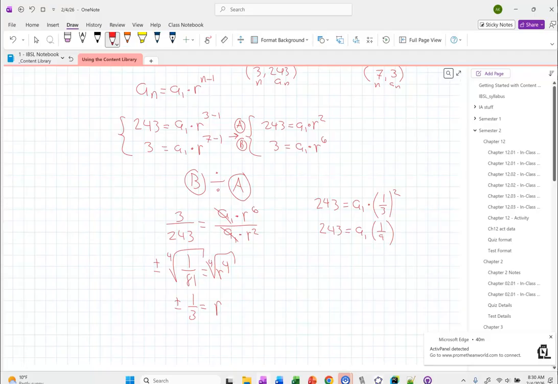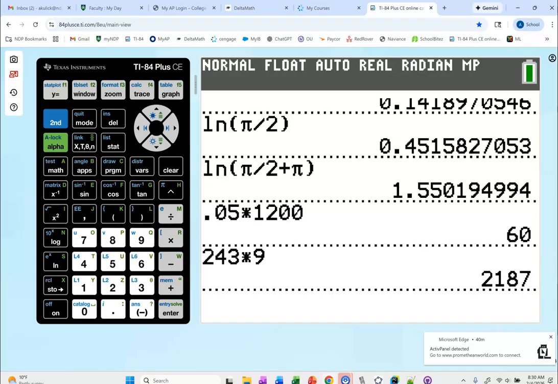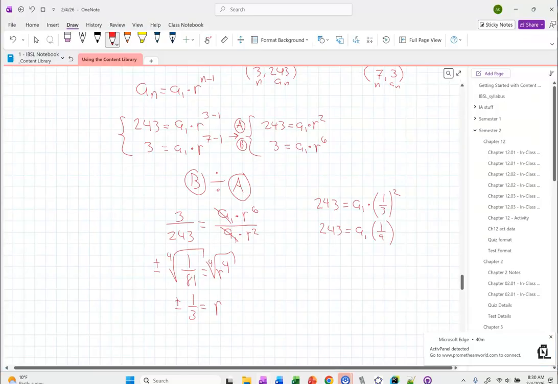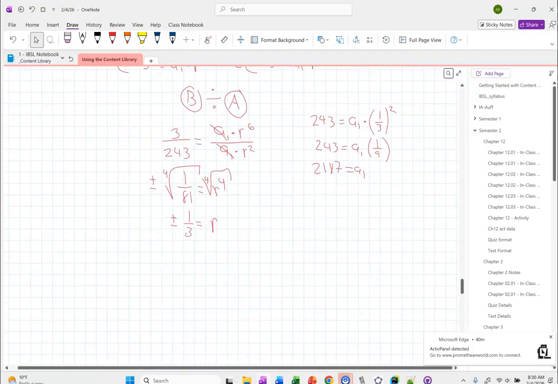So I multiply both sides by 9, and oh dear, Mr. Kulik doesn't remember that. 243 times 9, 2187. Everybody feel okay? So I have r, I have the first term.